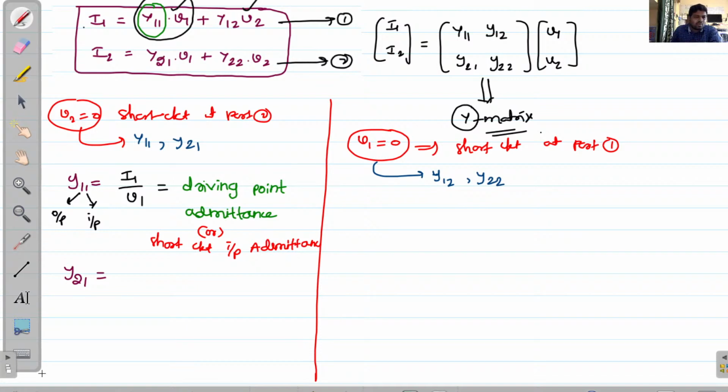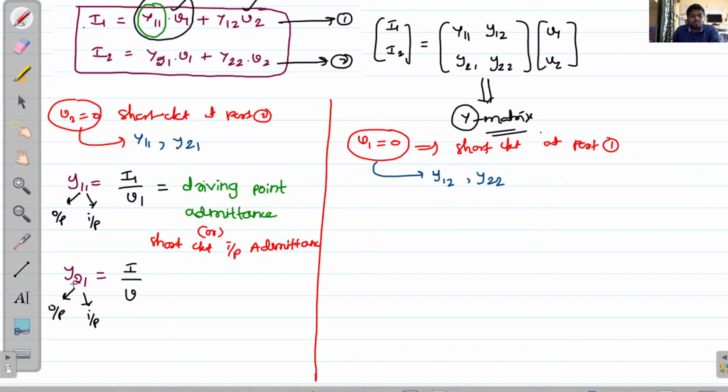And next we can go for Y21. In this case 2 is the output and 1 is the input. The admittance is transferred from port 1 to port 2. Already you know admittance in terms of I by V. In general, admittance is I by V, but here it is a 1 to 2 calculation.